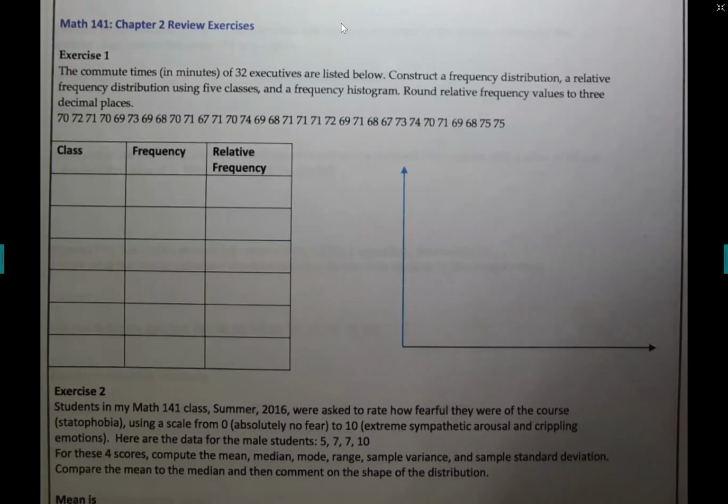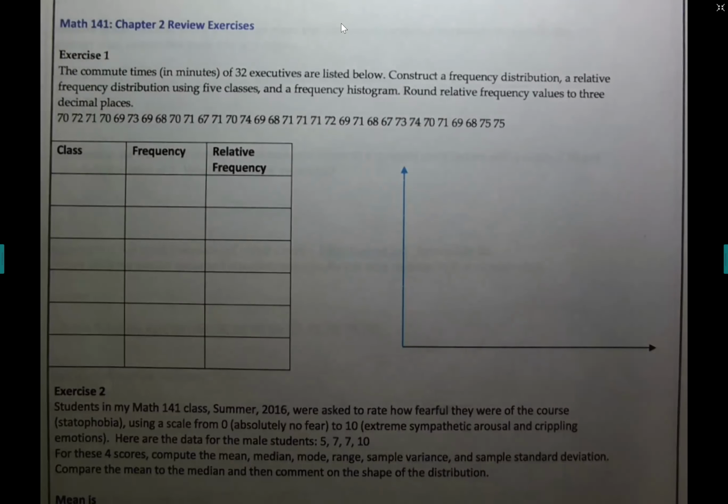But when it comes to debt or something else, you don't want your debt to be higher than others. The lower, the better. But in most situations, yes, it is the higher the better in this case. Okay. Chapter 2 review exercises.